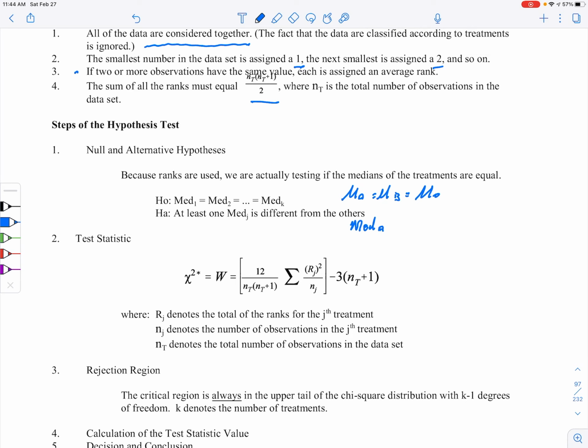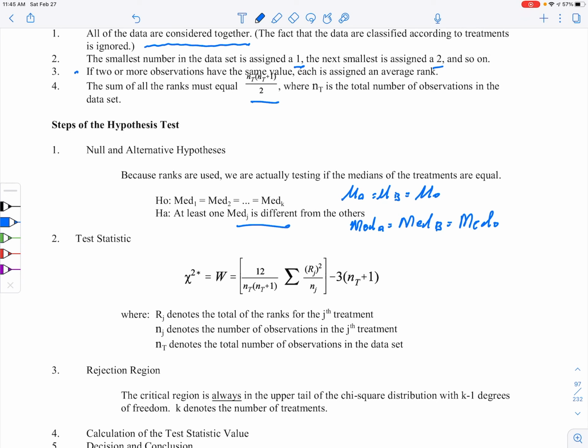So the median of Alberta trees is equal to the median of BC trees is equal to the median of Ontario trees, against the alternative that at least one of the medians differs from the others. So all we're doing is we're testing medians instead of means.